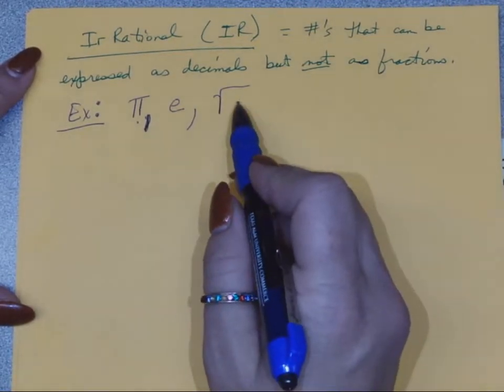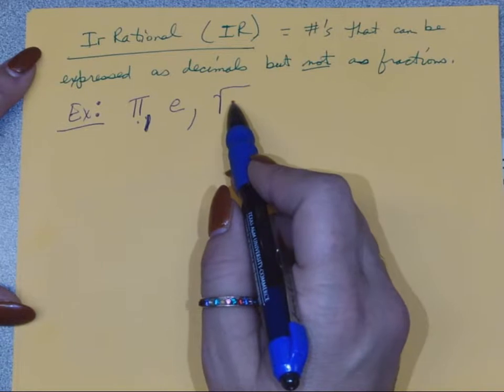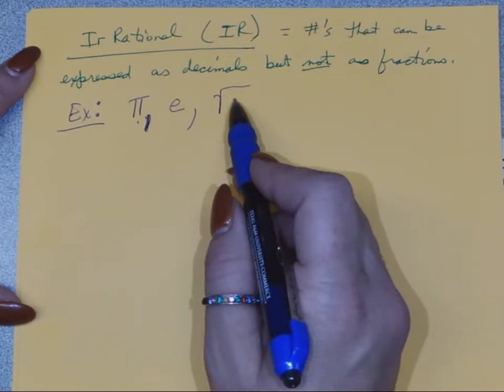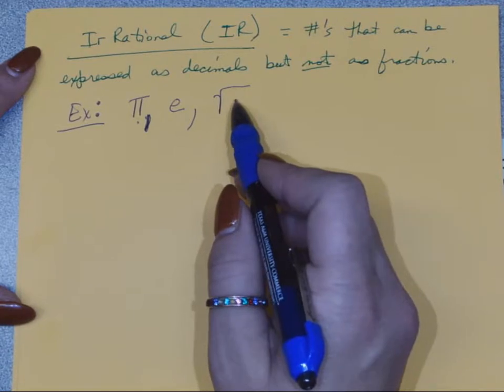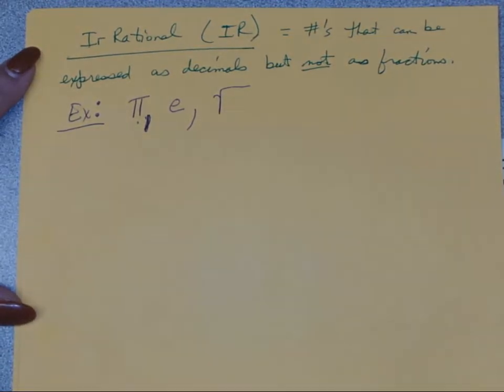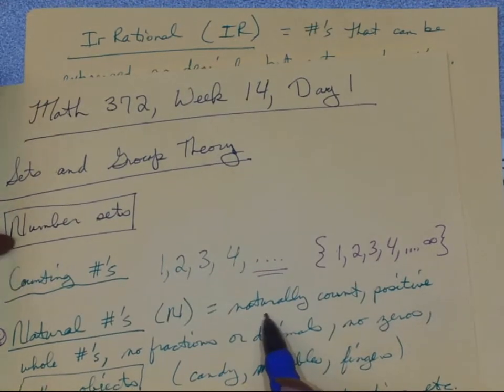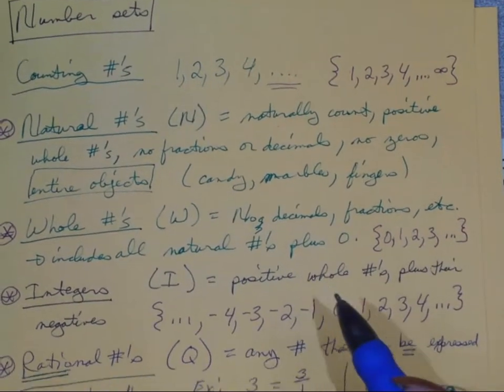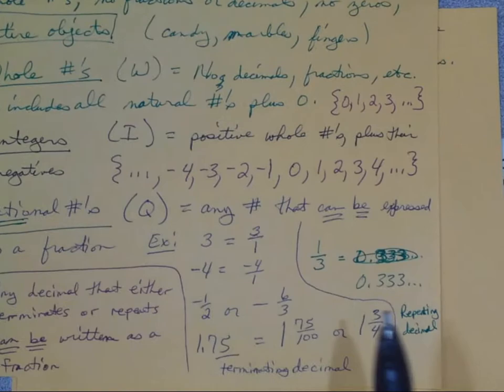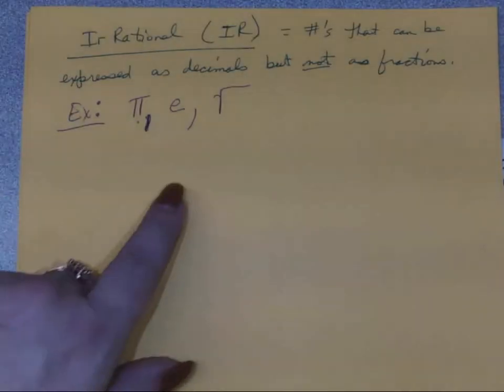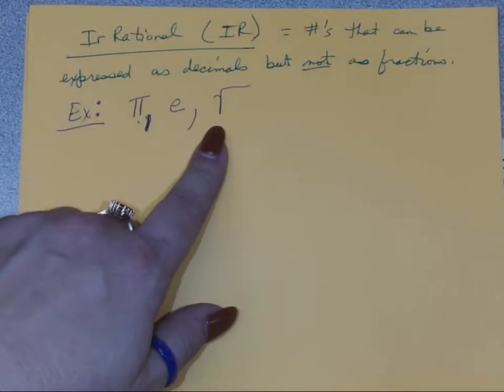If I put a 4 in here, square root of 4, what would you think about that? Hopefully you think square root of 4 is 2, and 2, we already know 2. 2 was way up here in the natural numbers. So he's a natural number, he's a whole number, 2 is an integer, 2 can be written as a fraction. So 2 is not going to be irrational, right?